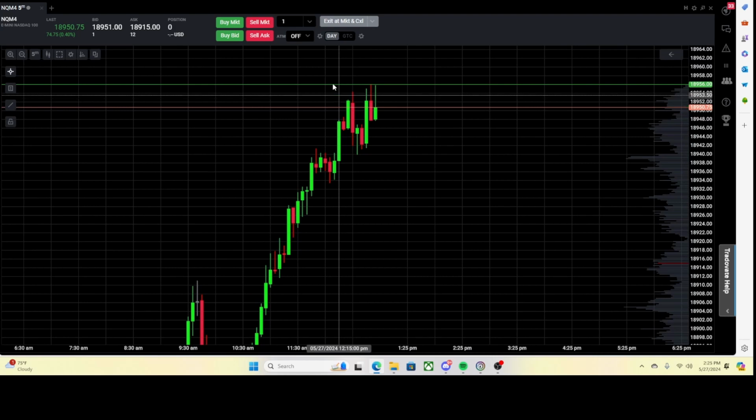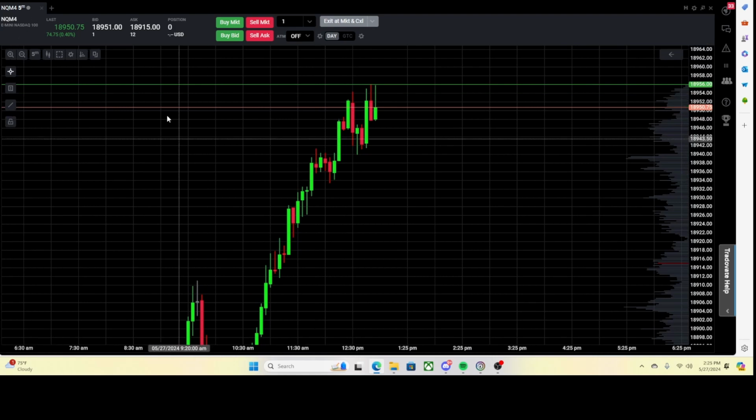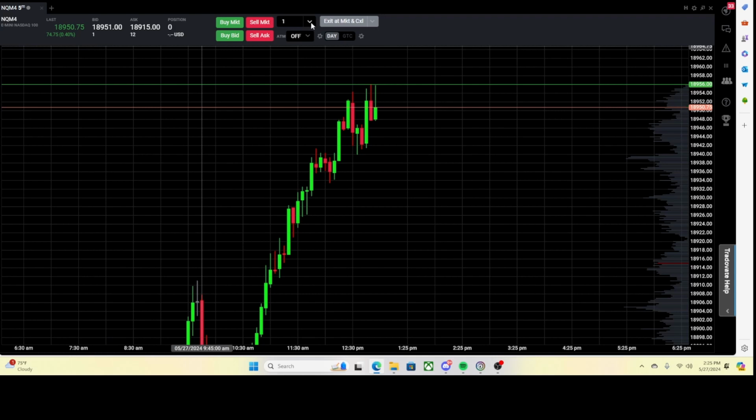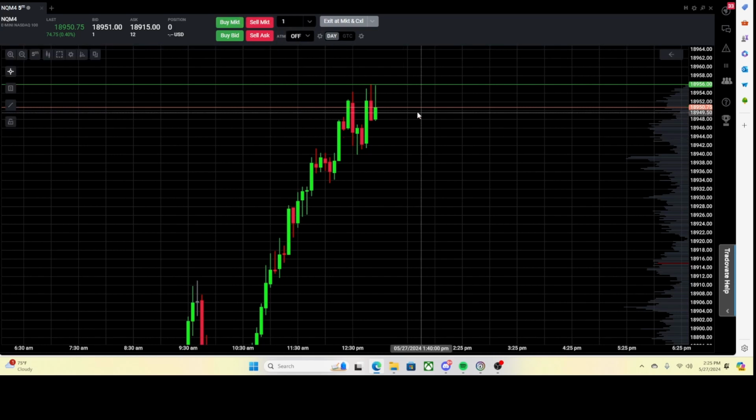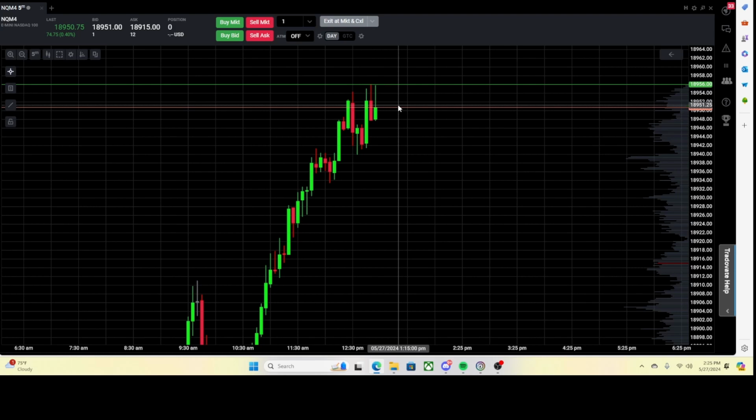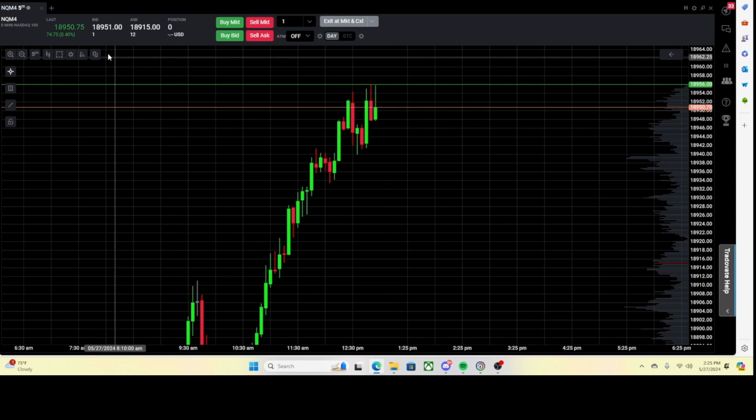But so this is regular NQ. Here's the contract sizing. This is one NQ contract. Every time it moves from where this line's at to where my mouse is at, that would be a $20 move off one contract.